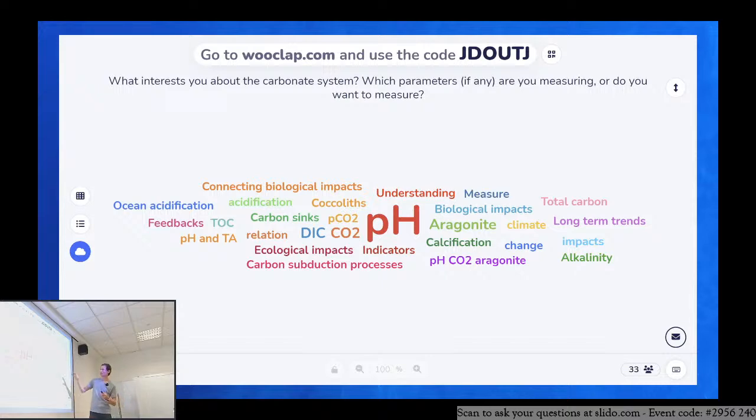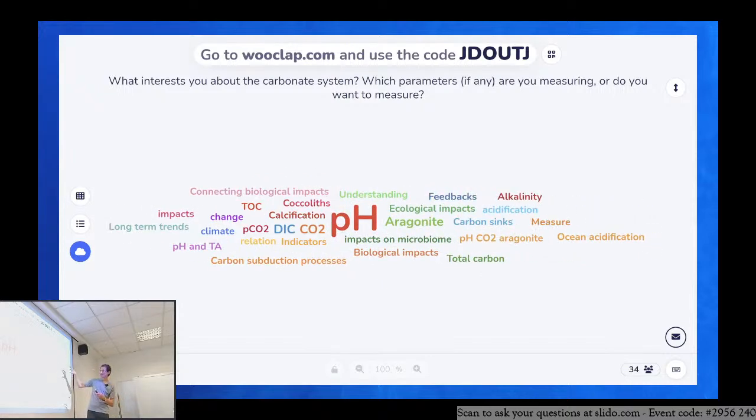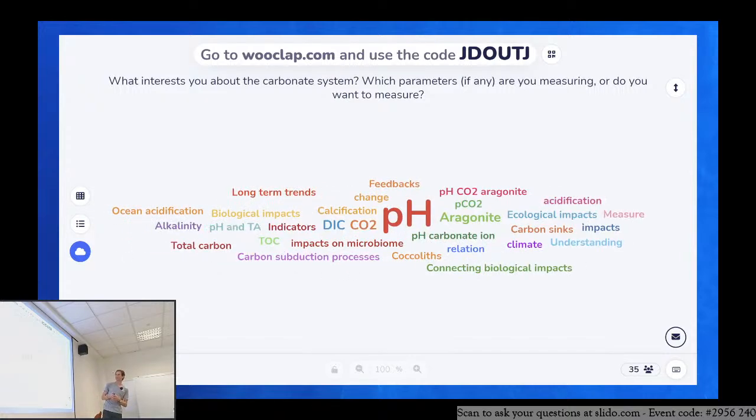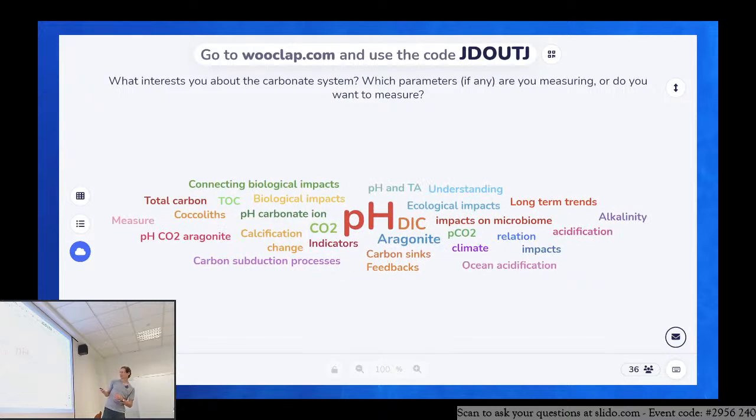And of course, this goes all the way from understanding ocean acidification through to, as somebody's mentioned, carbon subduction and more global scale oceanographic processes. In terms of measurements, pH is clearly the big one that's coming out here, and then DIC, alkalinity, pH, and TA here and there. I think this gives us a really nice spread and basis for moving on.